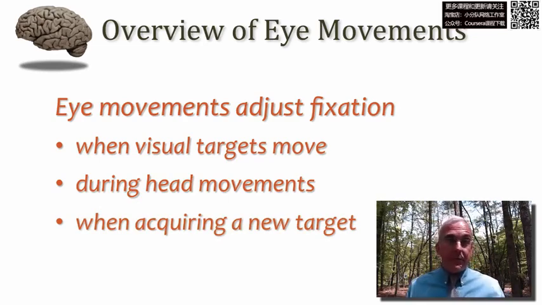Now, sometimes we actually want to break fixation. We want to acquire a new visual target. For example, all of you probably have a clock somewhere nearby. Go ahead and look at the clock and see what time it is.